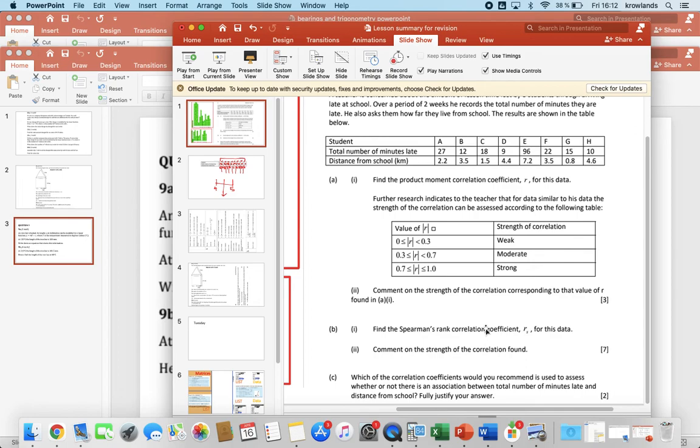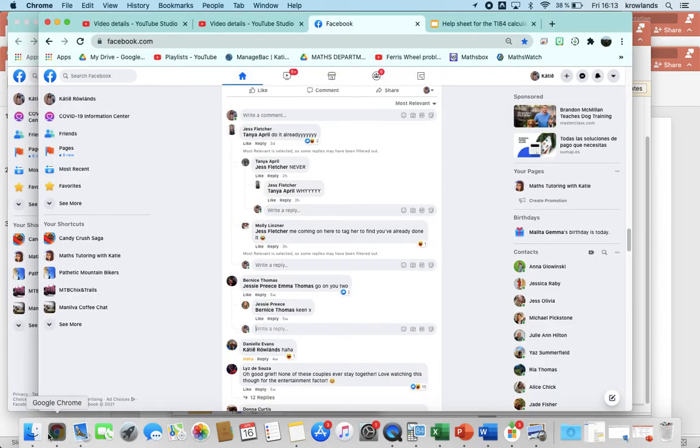Which of the correlation coefficients would you recommend to use to assess whether or not there is association between total number of minutes late and the distance from school? So let's go to the mark scheme.